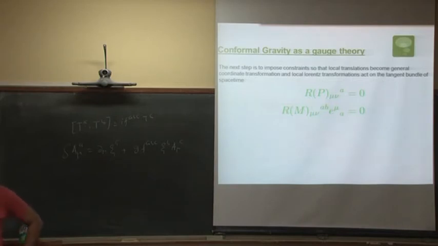But in the conformal case, the R_mu nu^ab becomes the Weyl tensor once you impose this constraint. Once you impose this constraint, the K gauge field becomes dependent.